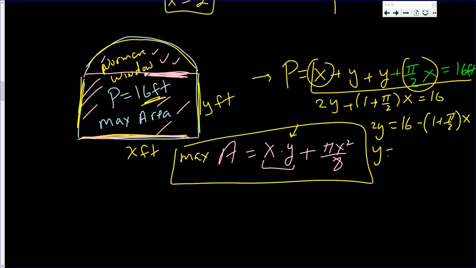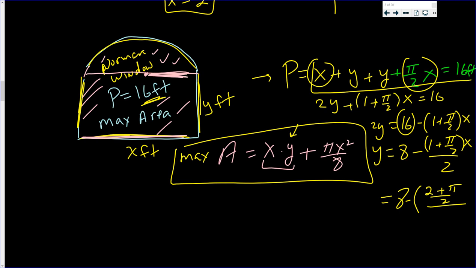Dividing by 2, this will become 8 minus (1 plus pi over 2)x over 2. Let us clean that up. This is 8 minus, let's get a common denominator. So we're going to have (2 plus pi over 2) times x.